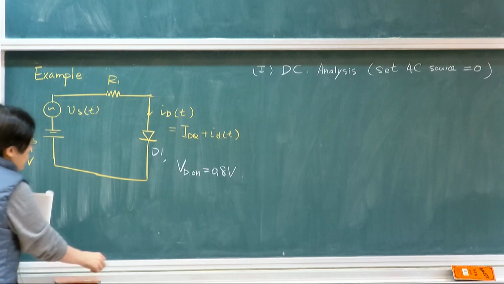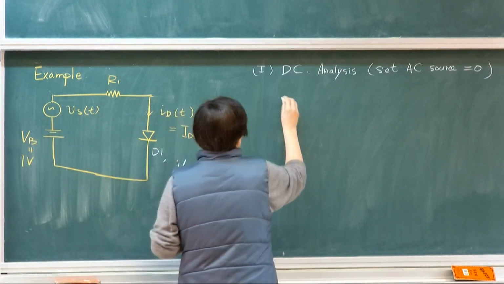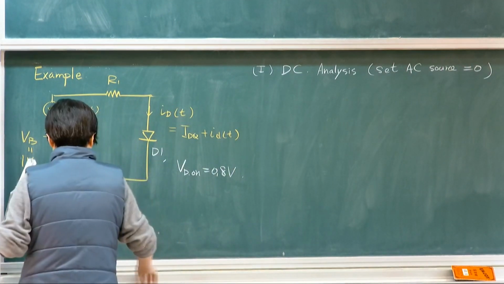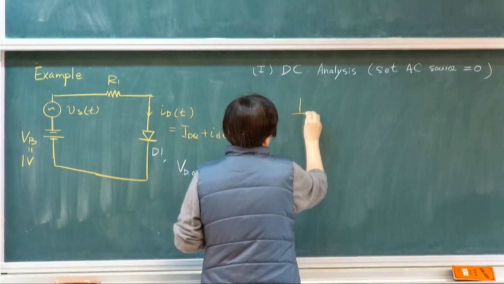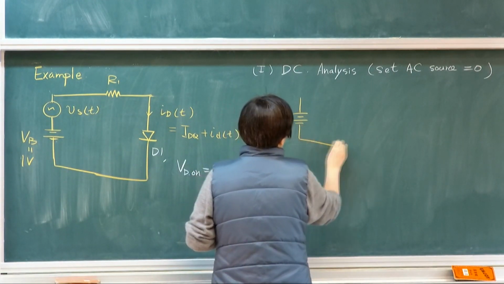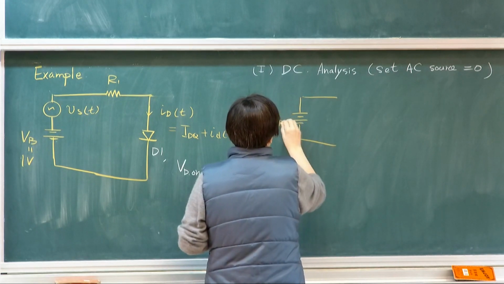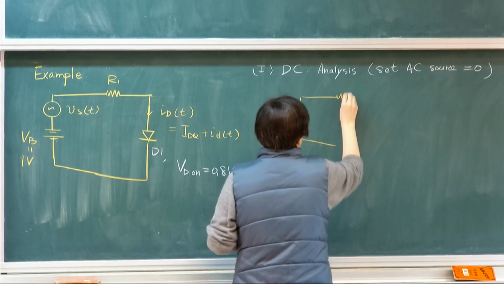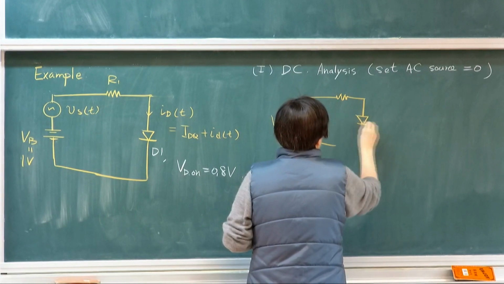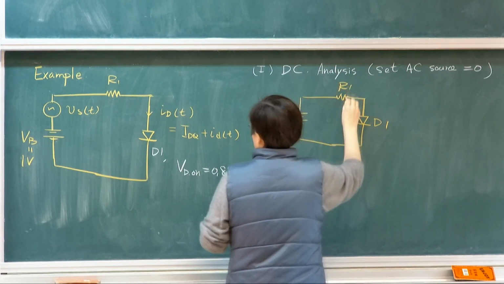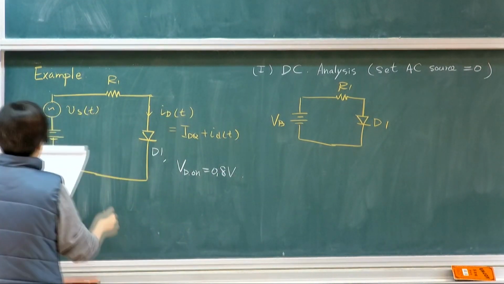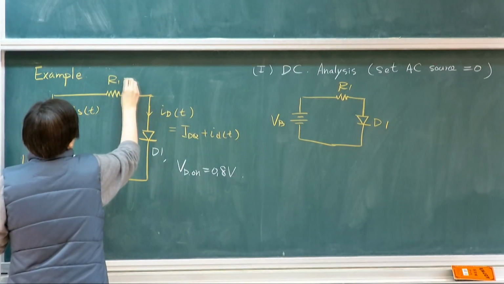Okay? So then your circuit will look something like this. There's the battery, VB, and then it's being applied on the diode. Did I give an R1? Sorry.